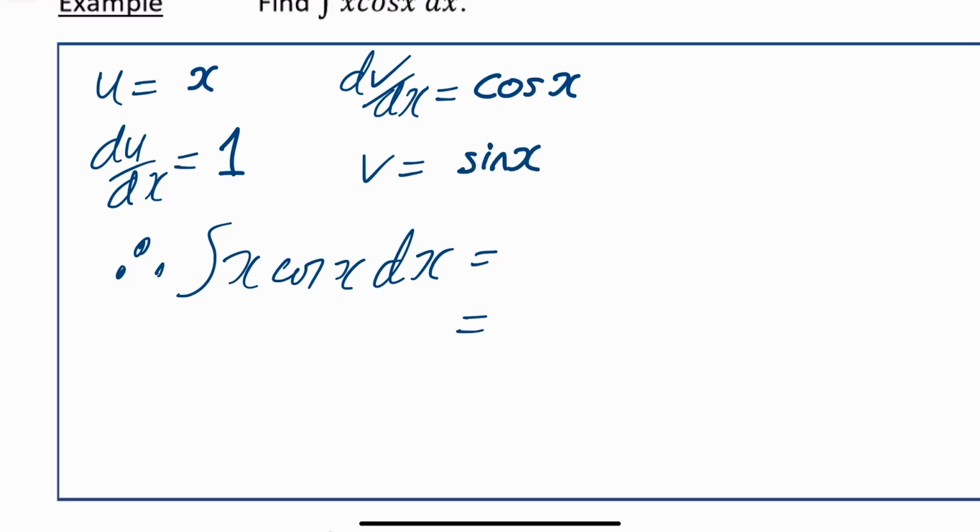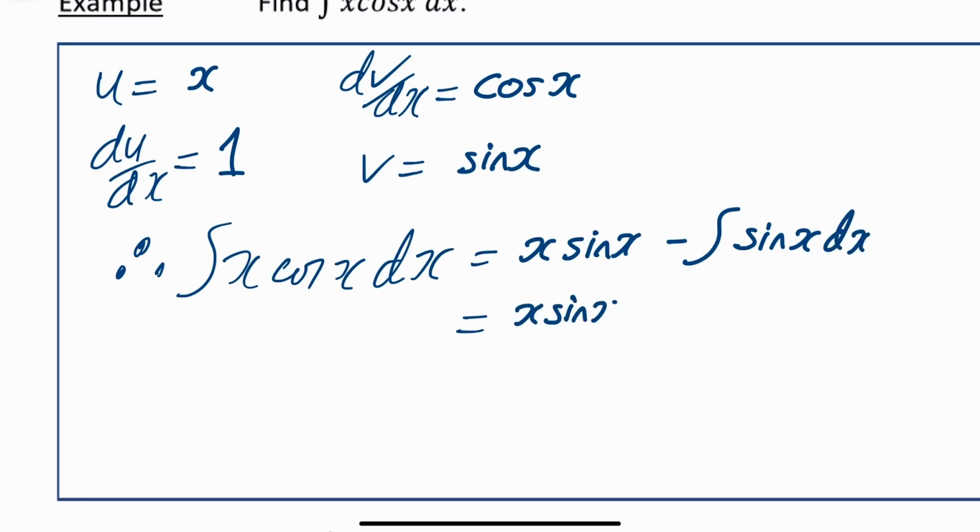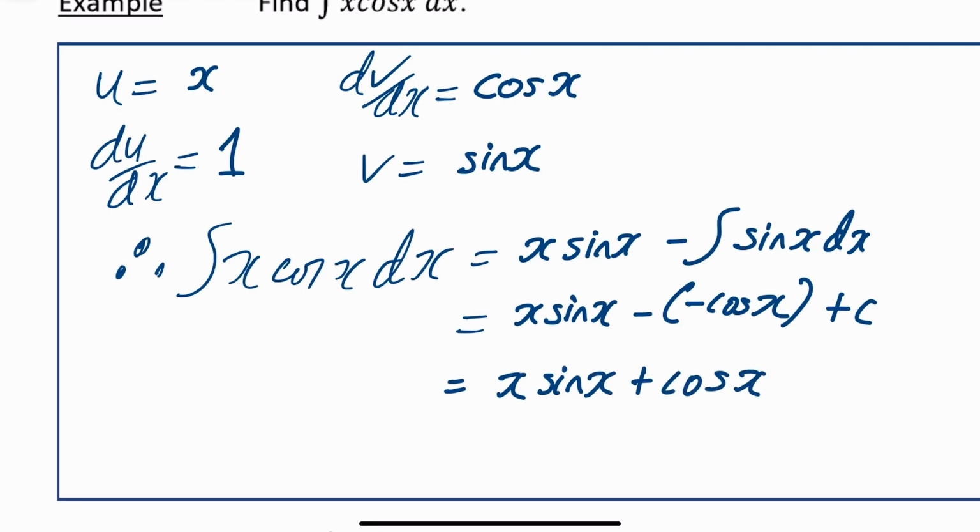That means the integral of x cos x, remember uv, so x times sin x, minus the integral of v du, so it's minus the integral of just sin x. And if you integrate sin, you get minus cos, so I'll just put that in, because that's where people make very silly mistakes, and then plus your constant of integration. To avoid that silly mistake, you can see it's a minus times a minus, which is a plus, so plus cos x, and then plus c.